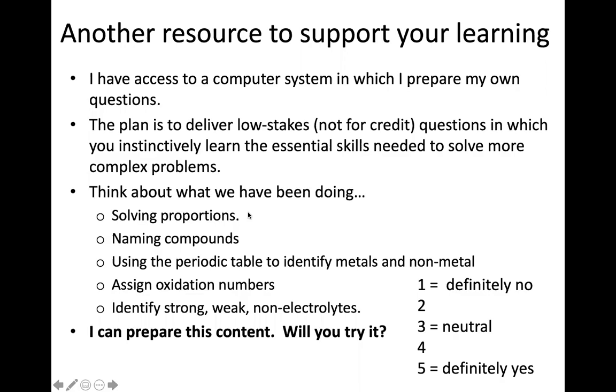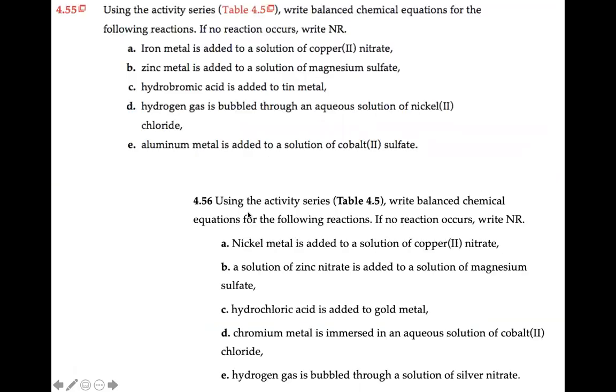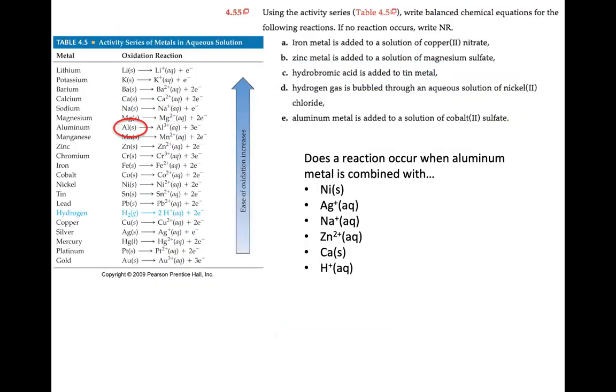I think within our activity series, as I look at it, in order for there to be a reaction, I have to have at least one of them in their elemental form. Then, as you know, I'd have to look more closely and see what it could react with. But I think in my examples, if I only see ions present, I'm not going to have a redox reaction. Okay.